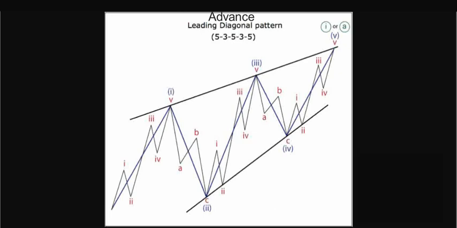Okay, so looking at this, I'm going to be sharing with you this first example because the leading diagonal is said to be a 53535 structure. Okay, so what do I mean by this 53535 structure?